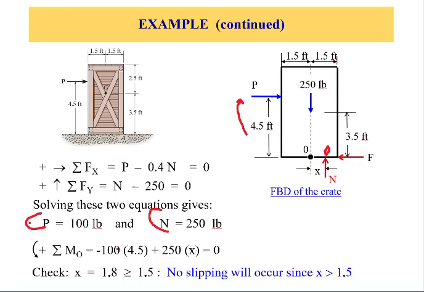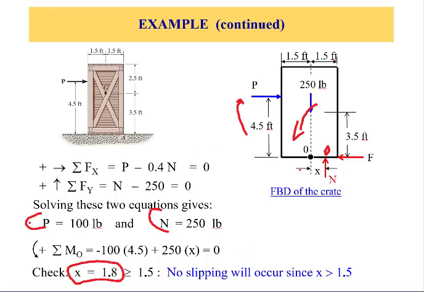P is equal to 100 as we found here, plus the moment of the weight, which is counterclockwise, so it tends to rotate the object in that way. So it's 250 multiplied by x. Solving that will lead us to x equal to 1.8.